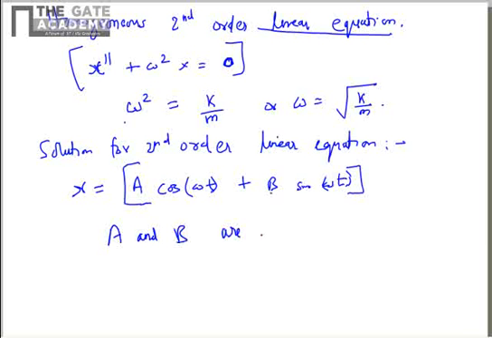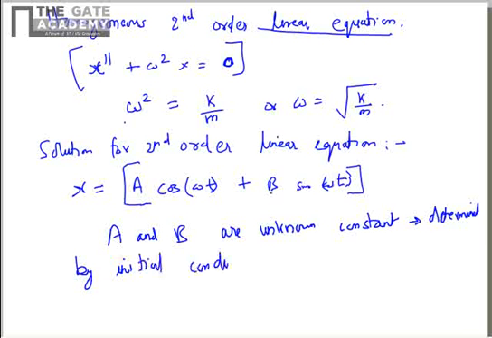These two are unknown constants that have to be determined by the initial conditions. So in our problem, we basically have two initial conditions.